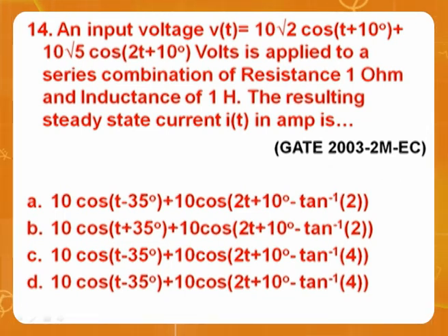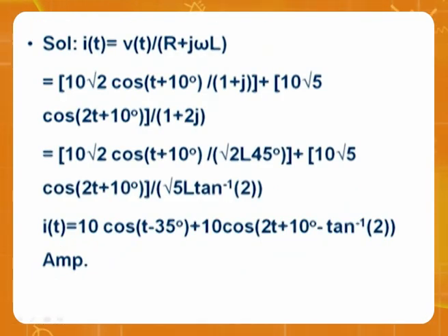Shall we go to the solution, please? Look at the solution. I is V by Z. Z is R plus j omega L. What is the first one? 10√2 cos t plus 10 by 1 plus j, because omega is 1, L also 1, R is 1. So R means 1, j is here, 1 is omega, L is 1.